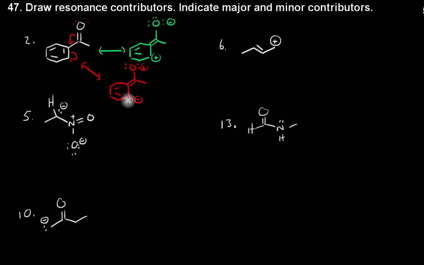Okay, so neither one of these are incorrect, but the one that's going to be most stable is this top green version, where the oxygen has the negative charge, carbon has the positive charge.